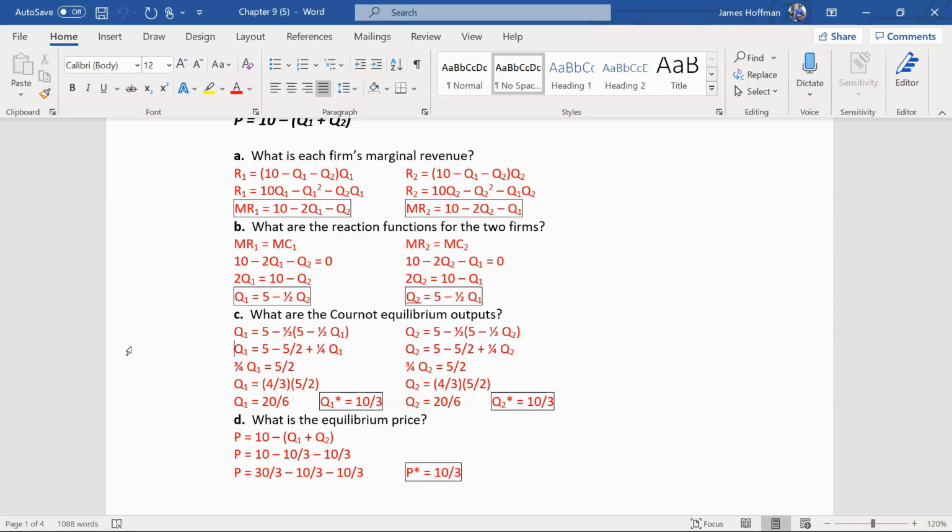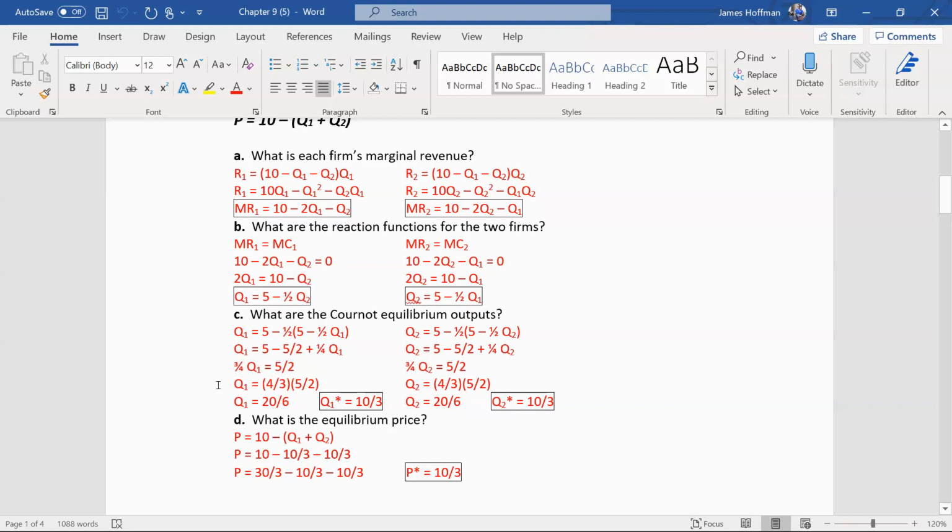Okay, so we get Q1 equals 5 minus 5 halves plus 1/4 Q1. And then if you subtract 1/4 Q1 from both sides, you get 3/4 Q1 equals 5 minus 5 halves, which is 5 halves.